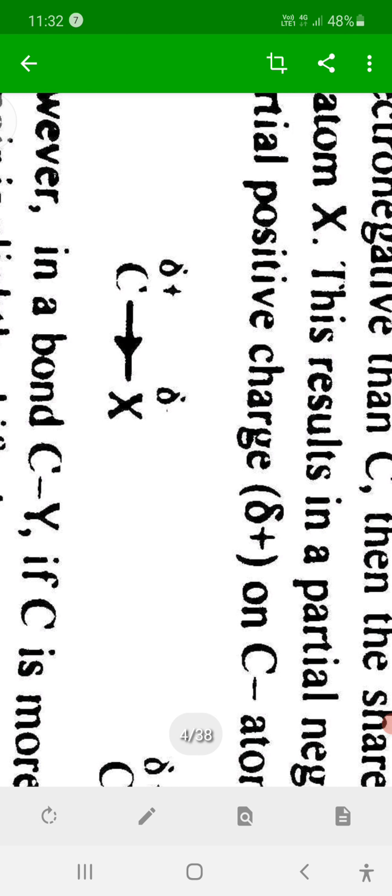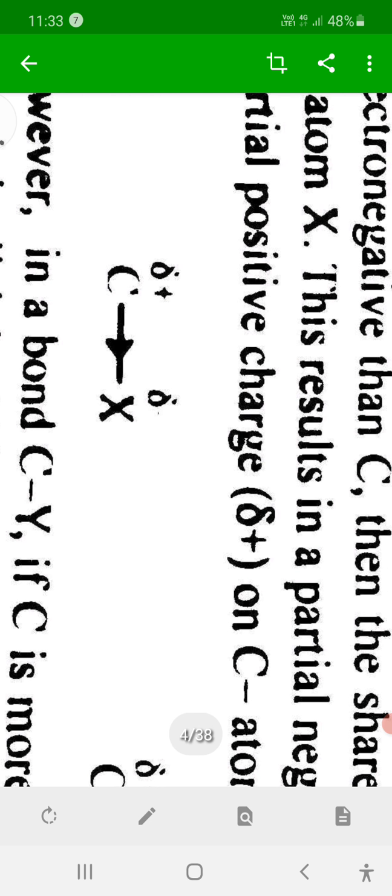Then what happens? Gain of electron takes place for the more electronegative atom, and partial loss of electron takes place for the other. This is actually not a complete transfer of the bonding electron. It is actually a slight shifting, a slight pulling.